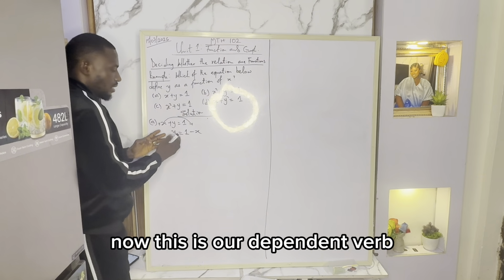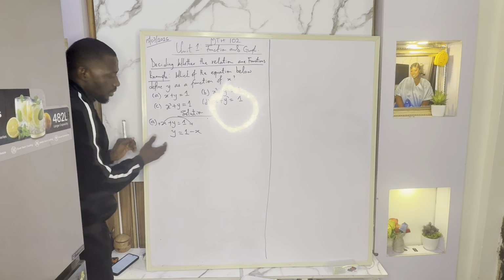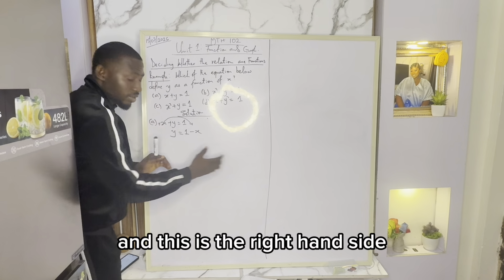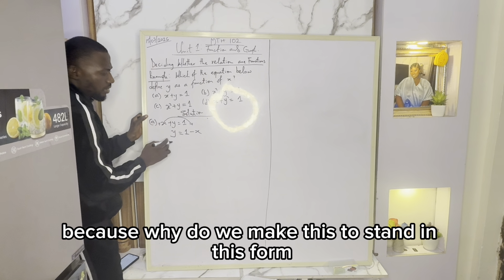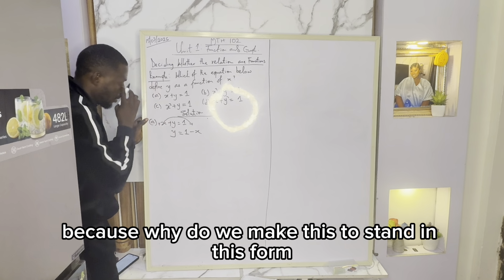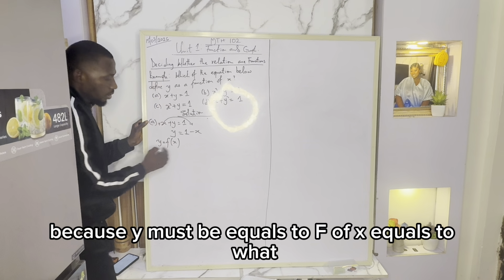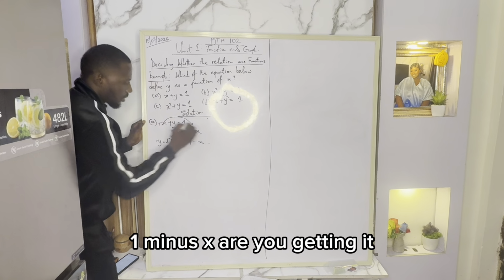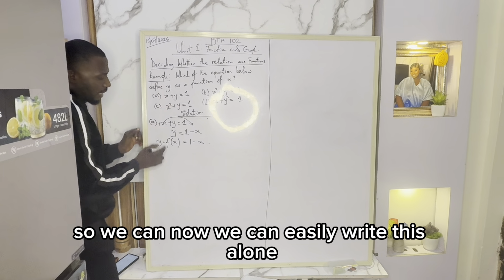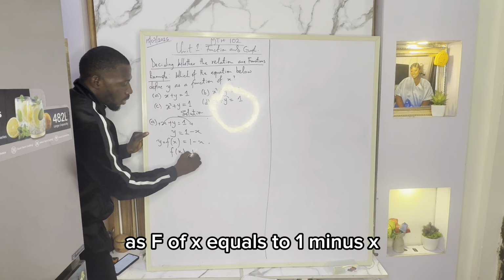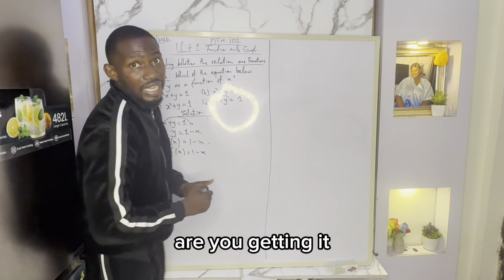Now this is our dependent variable and this is the right hand side. Why do we make this to stand in this form? Because y must be equals to f of x equals to what? 1 minus x. So we can easily write this as f of x equals to 1 minus x. Are you getting it?